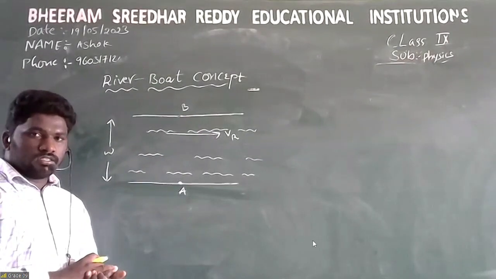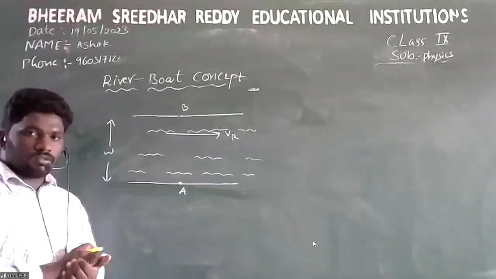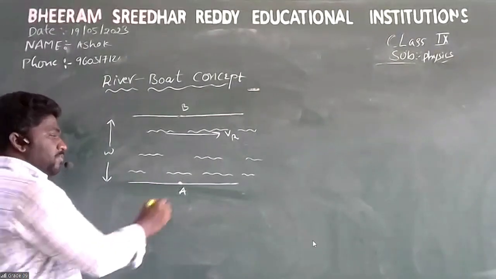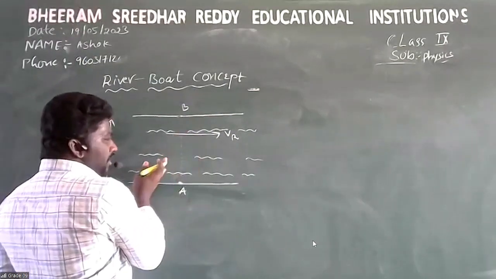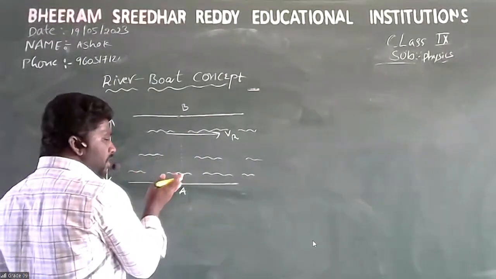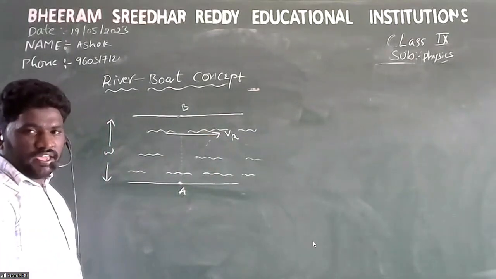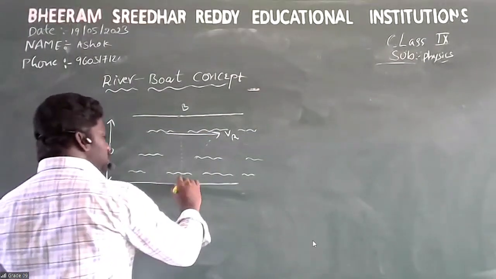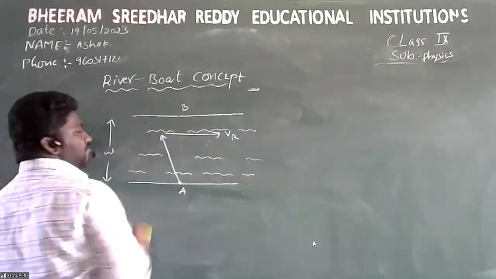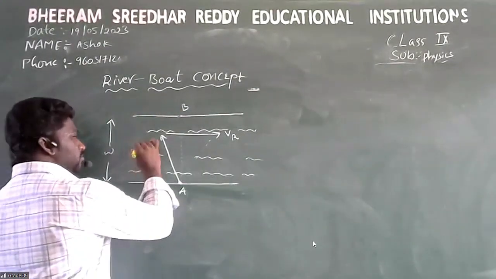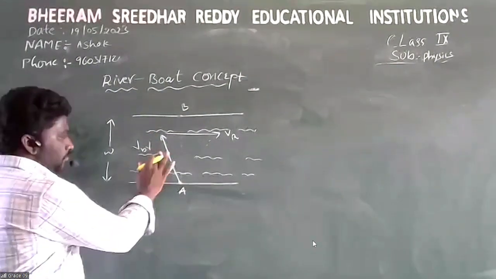Now, in which direction do I have to move first of all? Suppose I start from here; if the boat moves in this direction, due to the river flow there is a chance the boat moves in this direction. Yes or no? That's why initially I start the motion in this direction. It is the direction of the velocity of the boat with respect to the river.